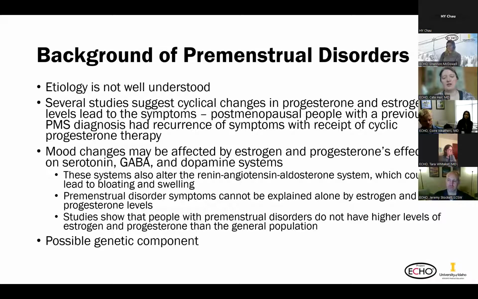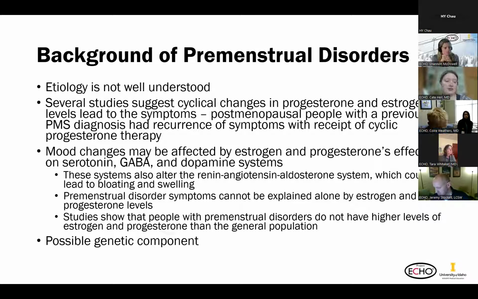And we do know that when we give progesterone as a medication, there can be some mood changes, or depressed mood is a potential side effect. So in addition to hormones, we think there are other things, like the mood changes that are affected by different neurotransmitters like serotonin, GABA, and dopamine, which is why we use medications that target those neurotransmitters.